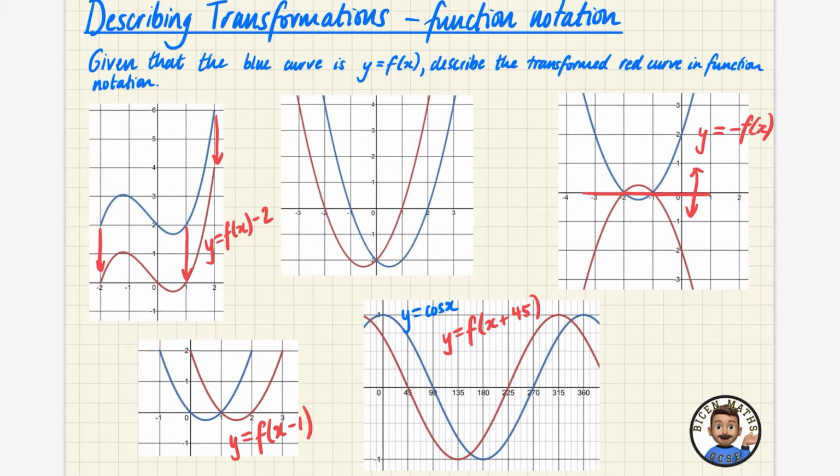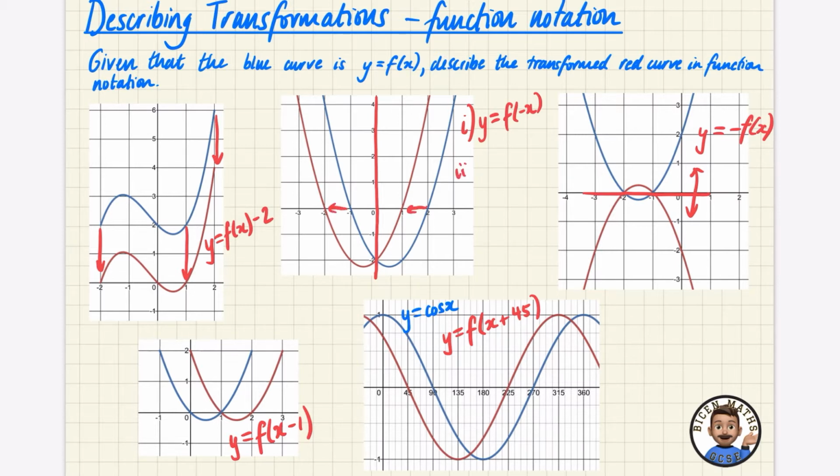Now this last one, there's 2 ways of doing it. You could think about it as this reflection in this line. I'm going to call this part 1. We could call it y equals f of minus x, because you can see that the blue has reflected in the y-axis to give the red. Or you could think about it in a slightly different way. You could actually see how each of these points from the blue has moved 1 space to the left.